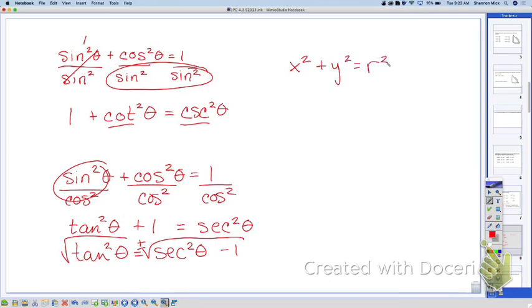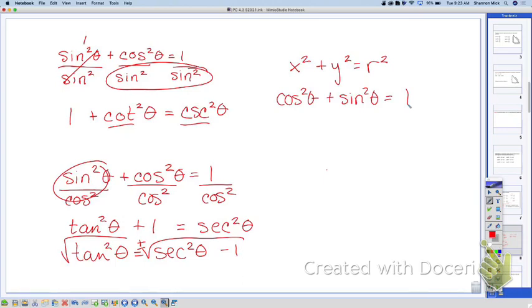Okay, what function's x? Cosine. What function's y? Sine. And we're in the unit circle, so what's our radius? 1. So that's where it comes from.